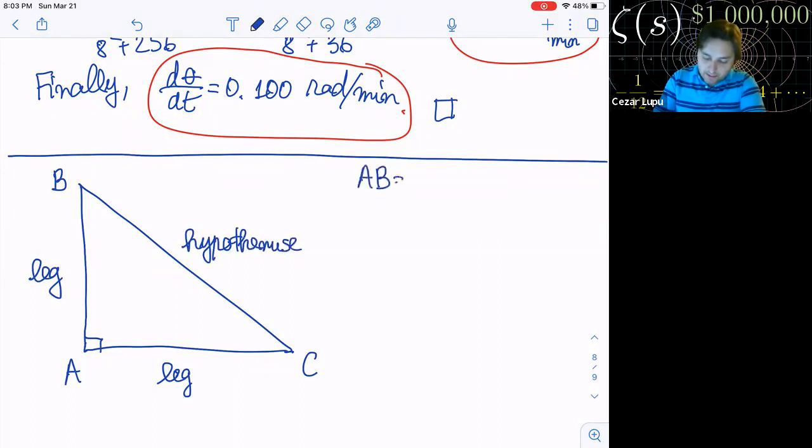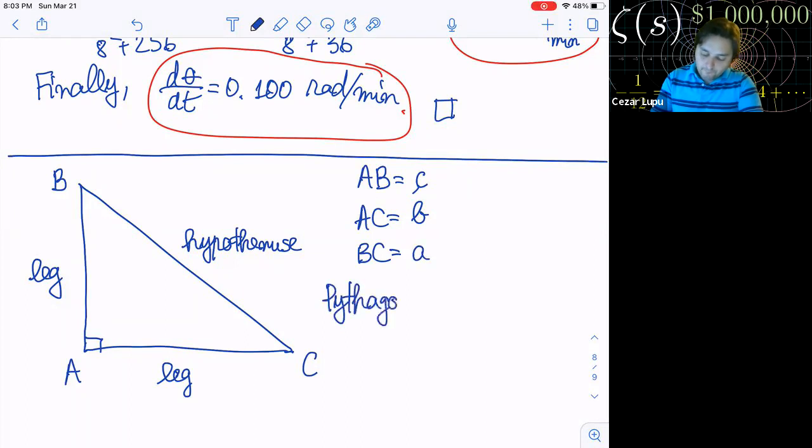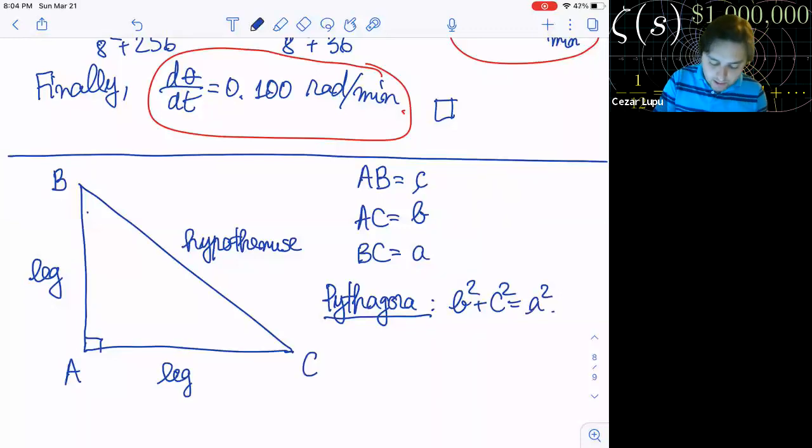Let's say AB, the first leg, is C, and the second leg AC is B, and BC is A. Let's reuse this notation. So Pythagoras says that the sum of the squares of the two legs is the square of the hypotenuse. So in other words, b squared plus c squared is a squared.